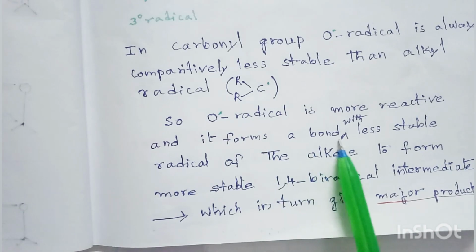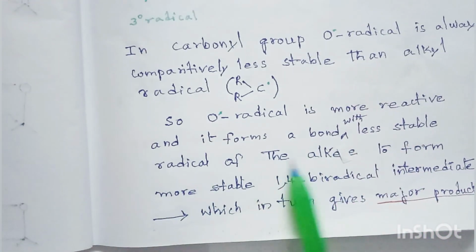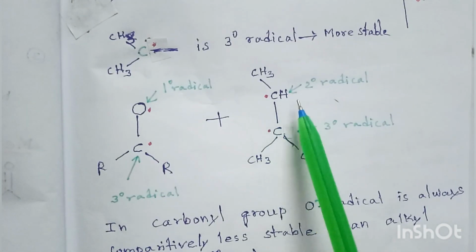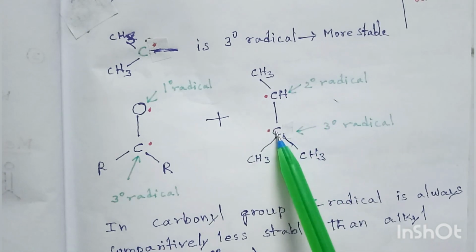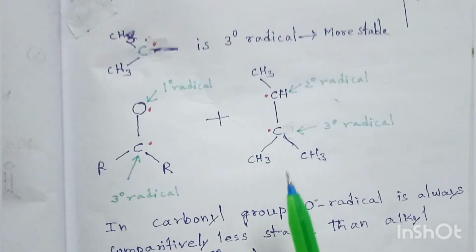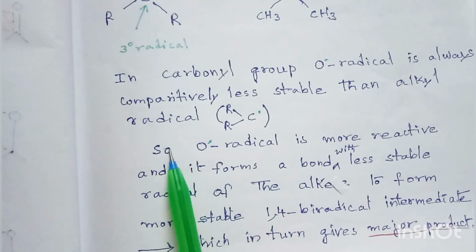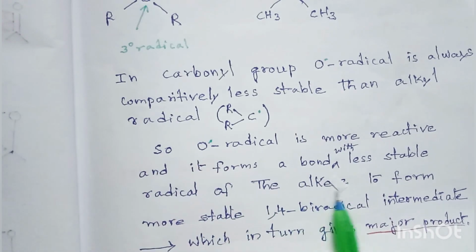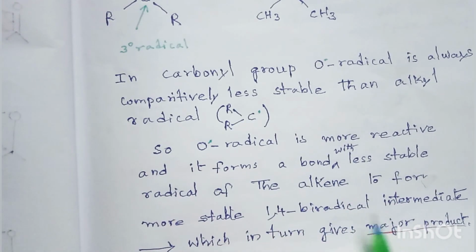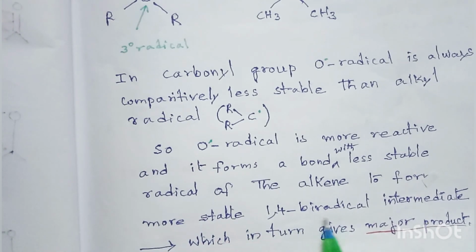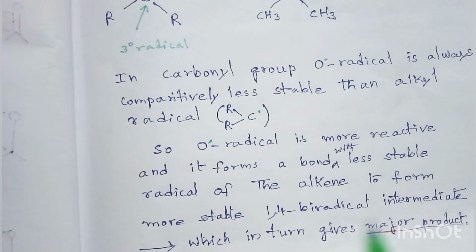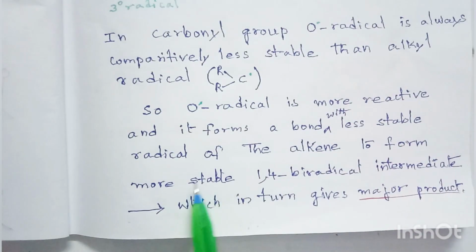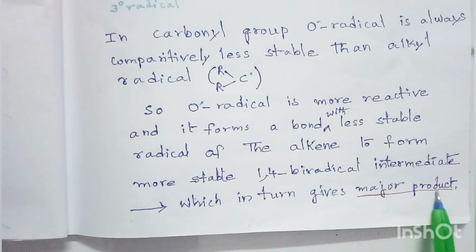It forms a bond with the less stable radical of the alkene. Here, the less stable radical is the 2-degree radical, this one. This is the more stable radical. So both the less stable radicals will join together to form a more stable biradical intermediate, which in turn gives the major product.